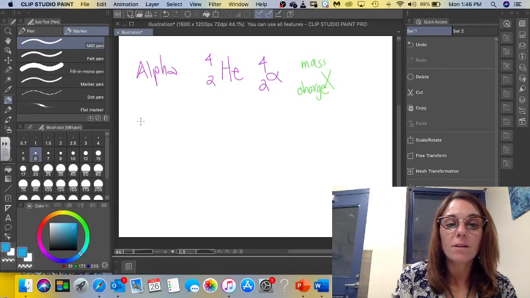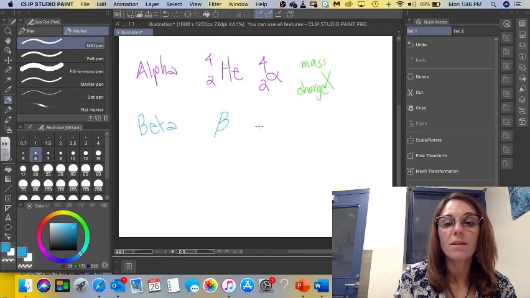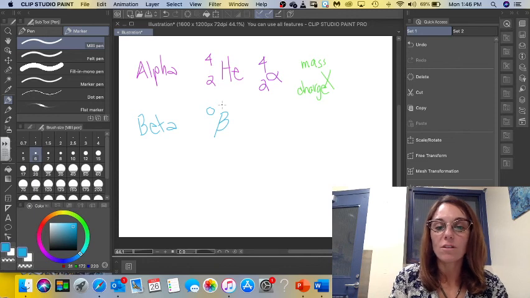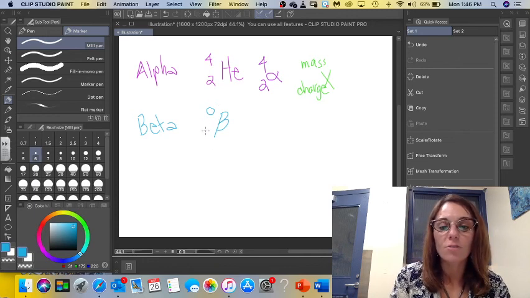The next particle is the beta particle. The beta particle uses either the beta symbol, and it has no mass. Okay, the mass, if you remember from that chart, was very, very small, so almost negligible. We call it 0, and it has a negative charge. Because it has no mass and a negative charge, it is very similar to an electron.